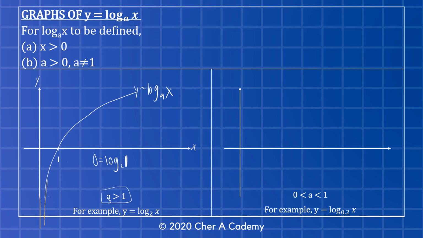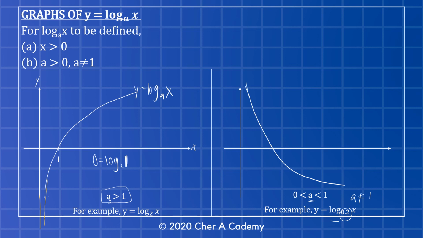Okay, let's look at the other log graph, which is when my a is between 0 and 1. Remember my a cannot be equal to 1. For example, if the base is 0.2, my graph will go down the other way. It's like a reflection.